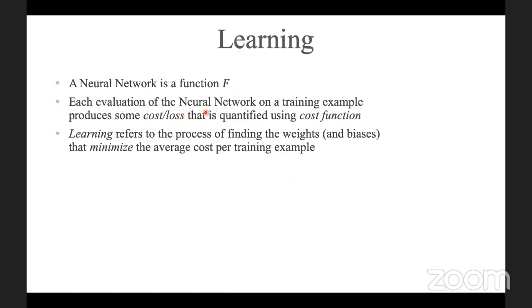For each training example you have some associated cost, or loss, which tells you how much you are missing your target expected value. You are getting something and you wanted something else, so you take the difference and square it. Last time we saw one cost function, which is least squares, or mean square error.